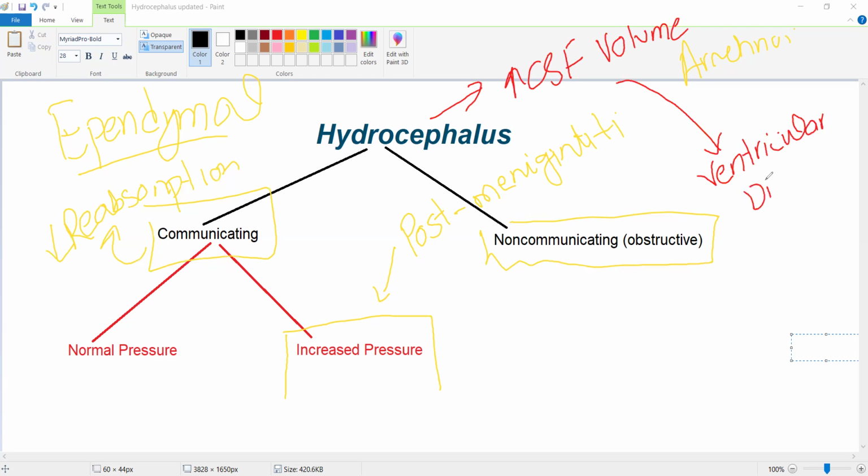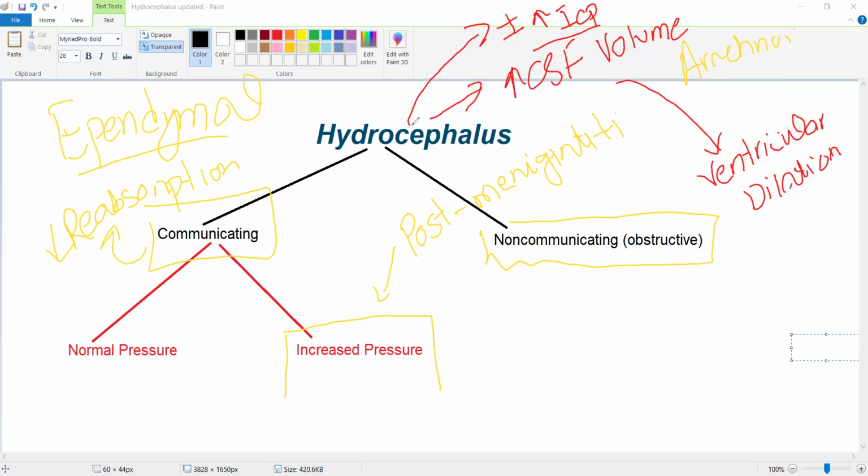It does not necessarily mean increased intracranial pressure, like in normal pressure hydrocephalus, where the pressure is normal and only elevated episodically. So it may present with or without increased intracranial pressure.